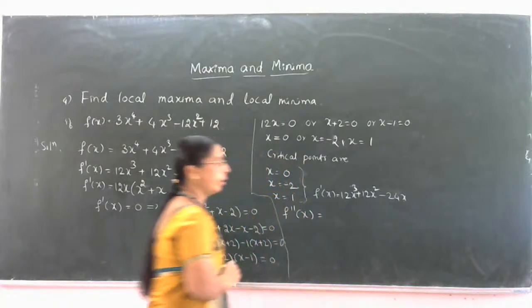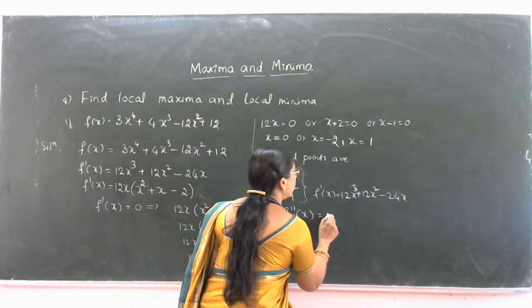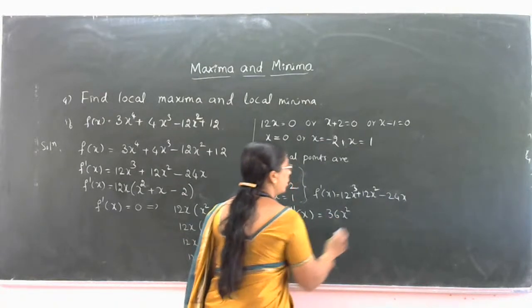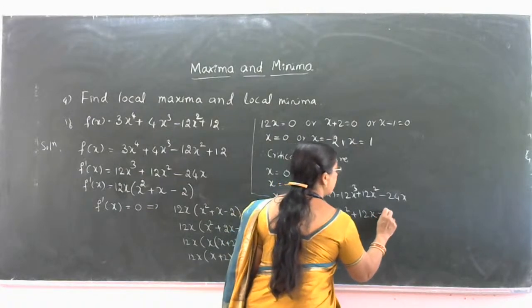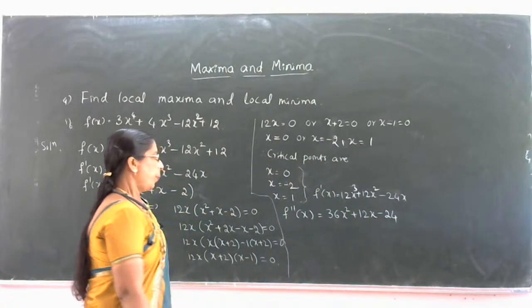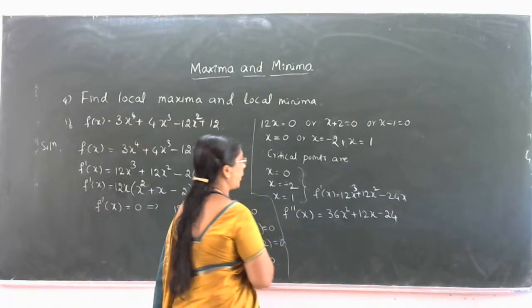If you find the second derivative, you can find it easily: 12 into 3, 36x square plus 12x minus 24. First, we find the second derivative of the function.